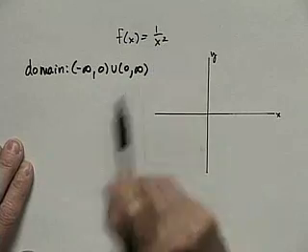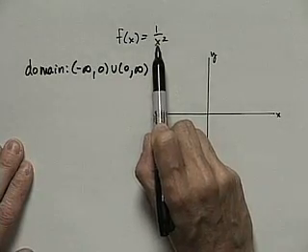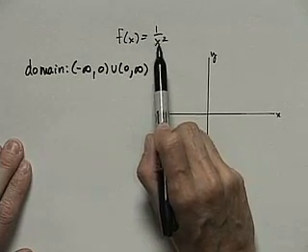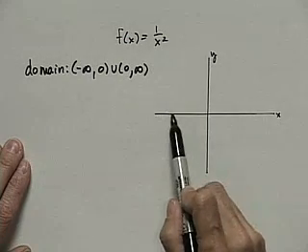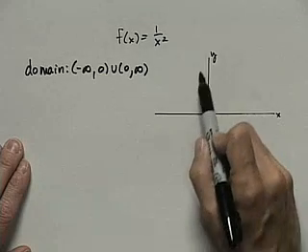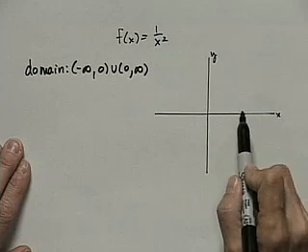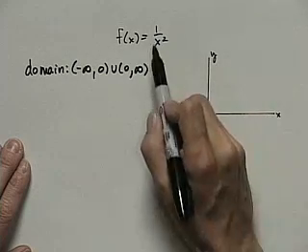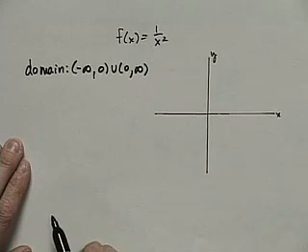And rather than taking time to fill out tables, I can see that the vertical asymptote for this particular function is going to be 0, in that as x approaches 0 from the negative side, the function's going to get very large, actually get very large and positive because x is squared. And as x approaches 0 from the positive side, the function is going to get very large and positive, since the function is 1 over x squared.